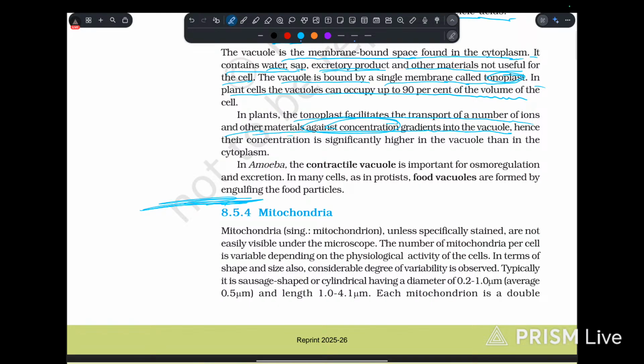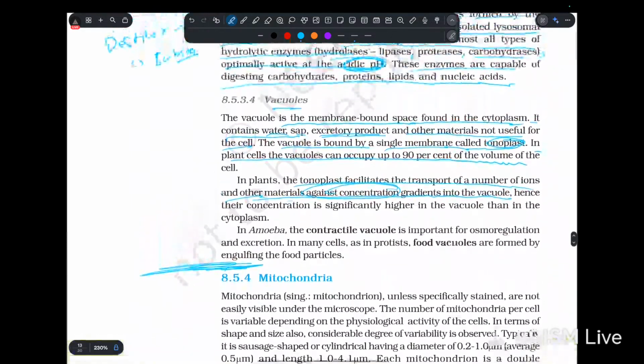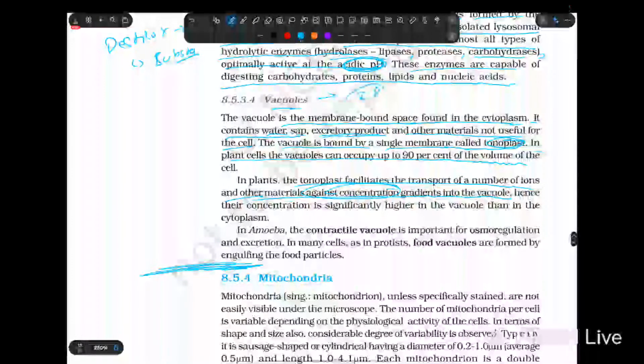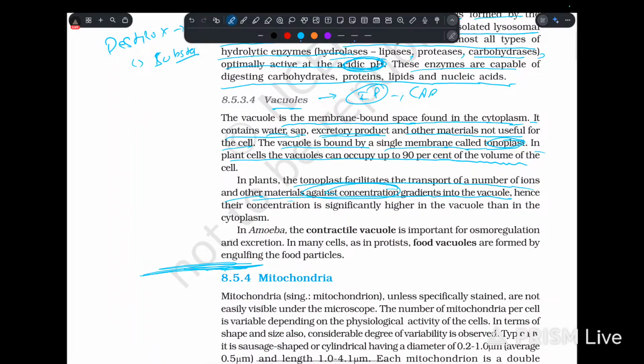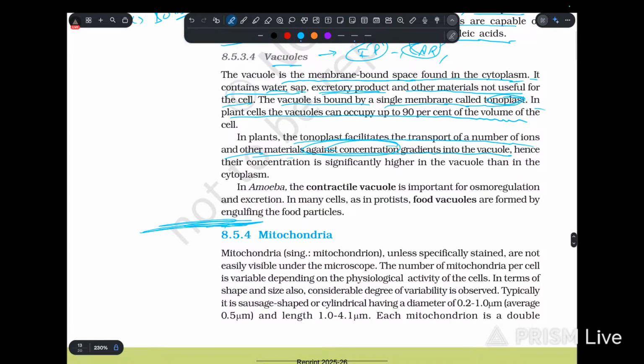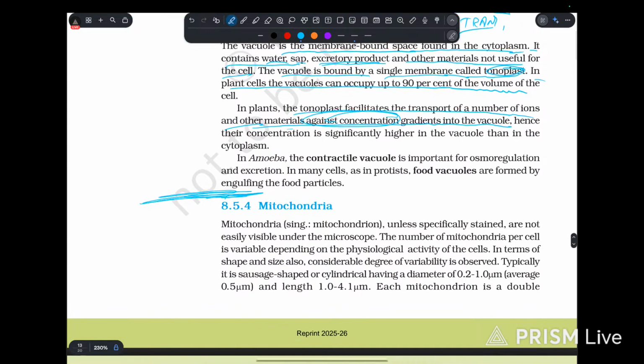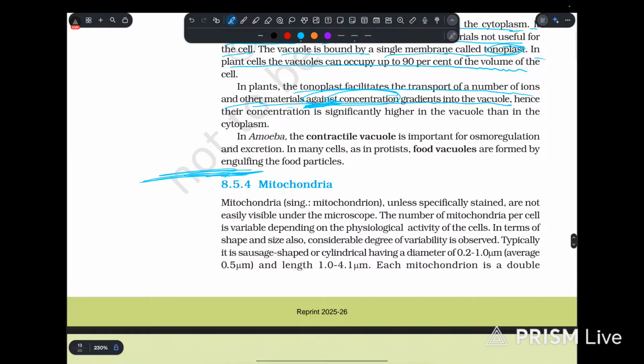So there are integral proteins, or carrier proteins, or transport proteins, which help in the transport by the active transport process against the concentration gradient into the vacuole from the cytoplasm. Hence their concentration is significantly higher in the vacuole than in the cytoplasm.